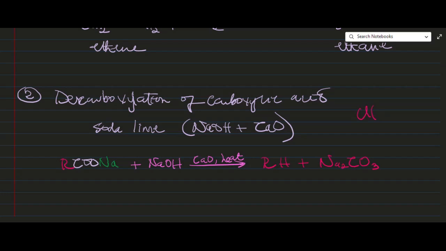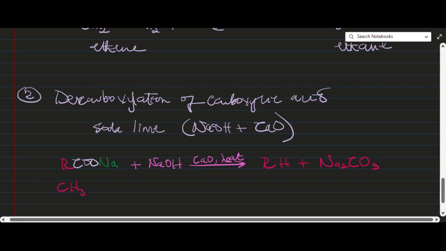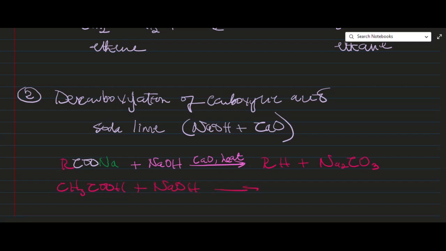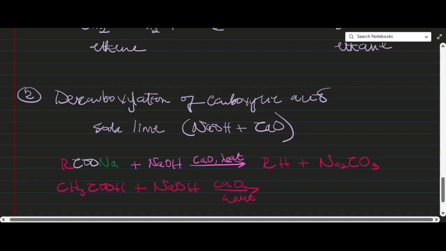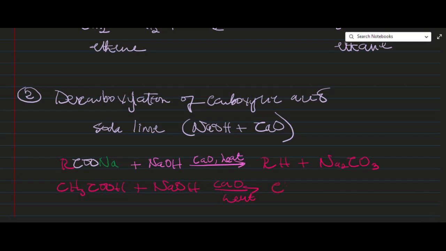So let's look at an example. I will use ethanoic acid as an example. CH3COOH reacts with sodium hydroxide in the presence of calcium oxide and heat. We are going to have CH3, and then plus one hydrogen, so it becomes CH4.